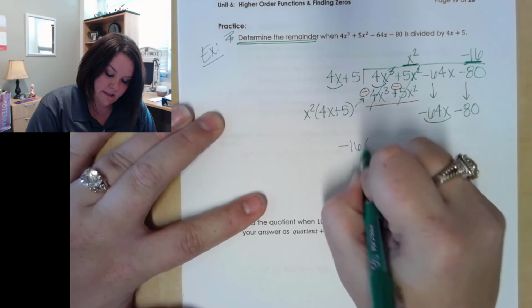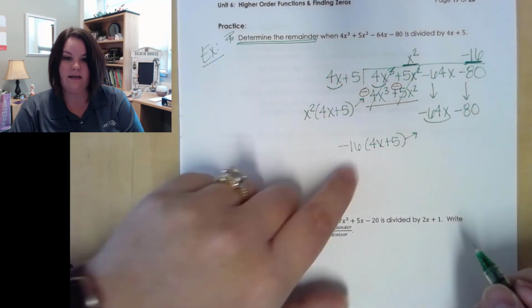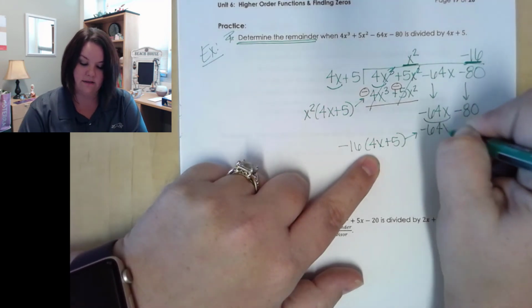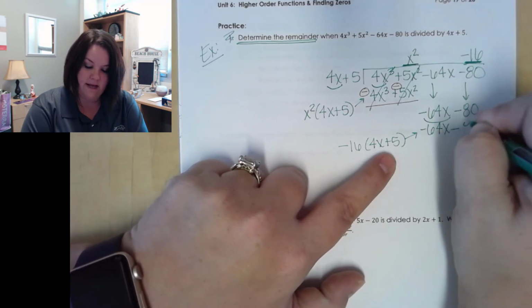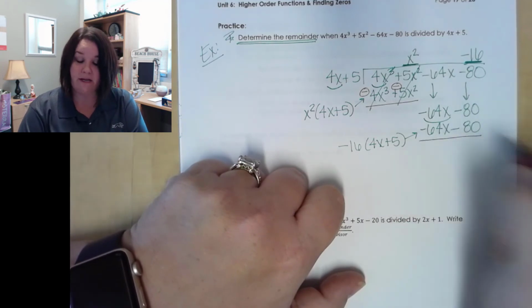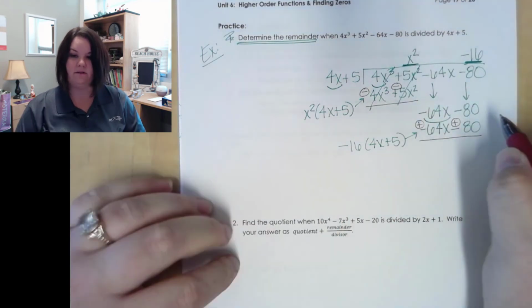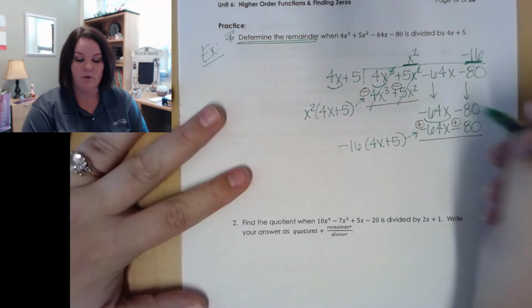Negative 16 times 4x plus 5. Negative 16 times 4 is negative 64x. Negative 16 times 5 is negative 80. And then I draw my line, change my signs, so this becomes positive, this becomes positive, and again, they both end up being opposites, so they both cancel out.